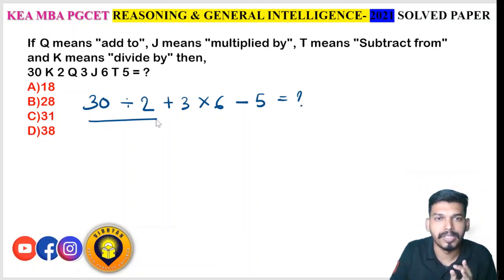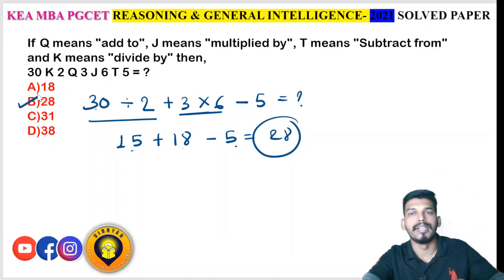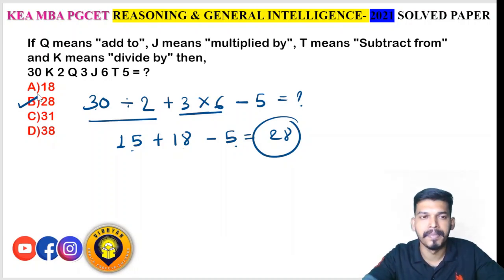Okay, first you do the division. 30 divided by 2 is 15, plus 3 into 6 is 18, minus 5. So 15 minus 5 is 10. 10 plus 18 is 28. So the answer you will get here is 28. Clear?